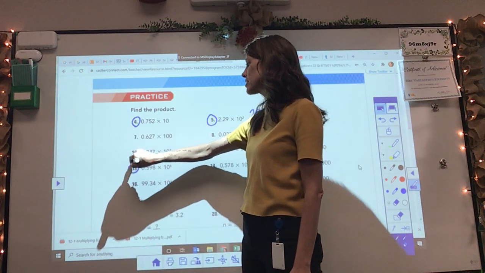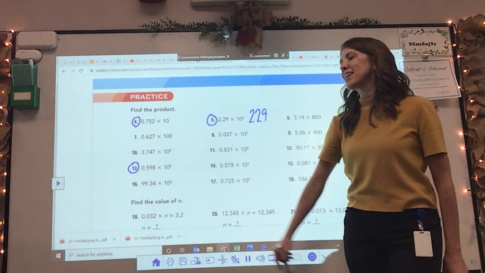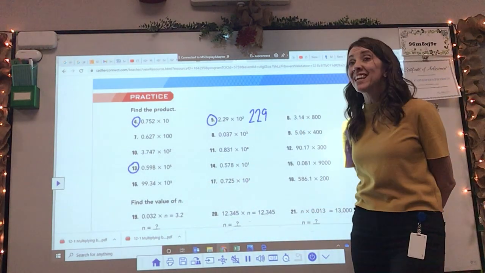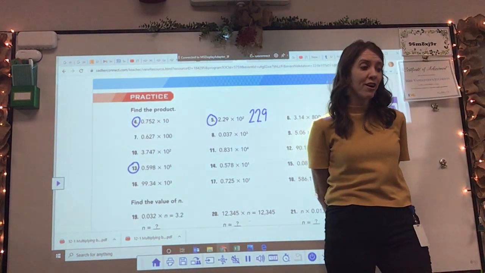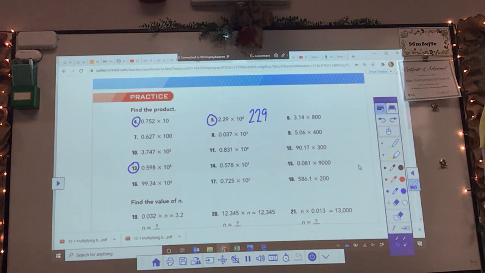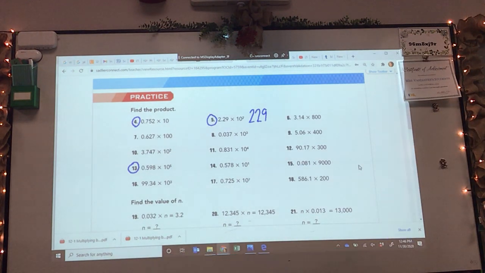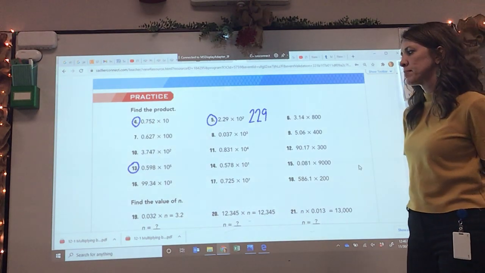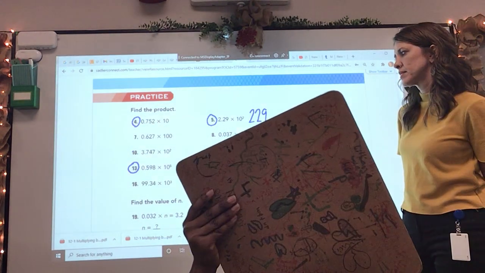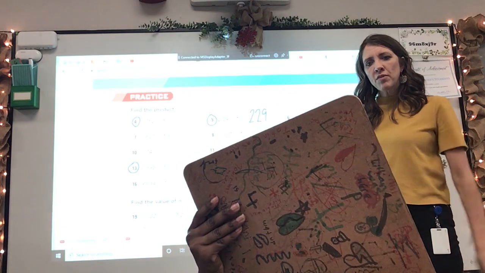Let's do number 13. 598 thousandths times 10 to the 5th power. You've got lots of decimal points.